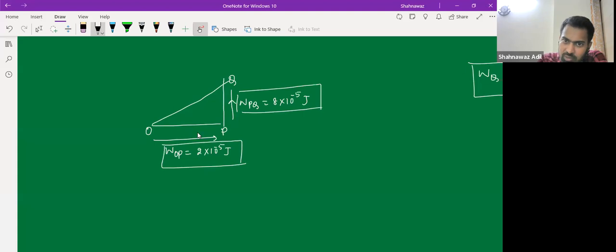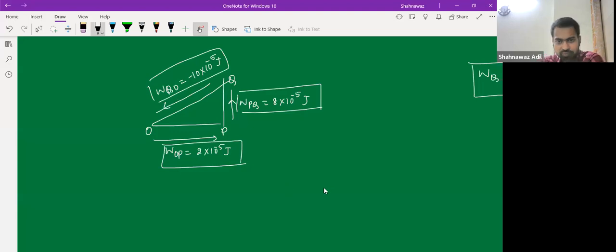Please check and tell me. And then from here to here, I calculated Q to O. This was minus 10 into 10 to the power minus 5. Are these numbers correct, guys?